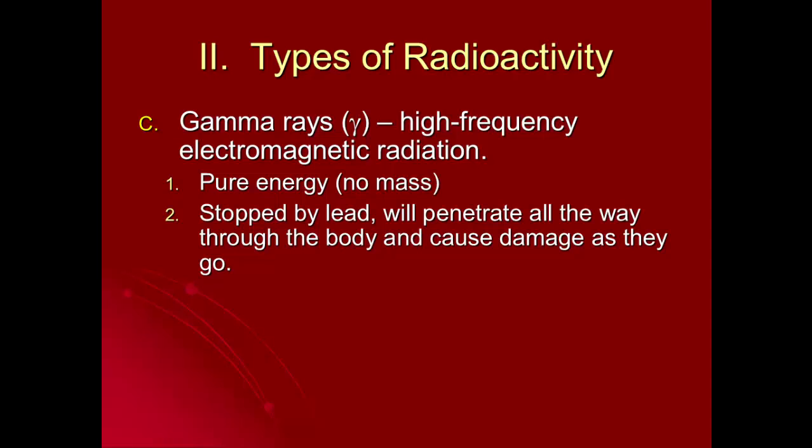Now that's why when you go to the dentist, they put that sheet apron over you. They're blocking you from X-rays, which is a similar sort of thing to a gamma ray. These gamma rays can be stopped by lead, and it will penetrate all the way through the body and cause damage as it goes if you don't have that sheet of lead in front of you.